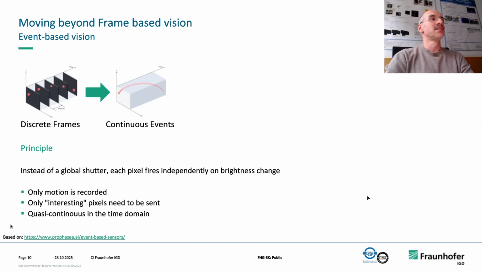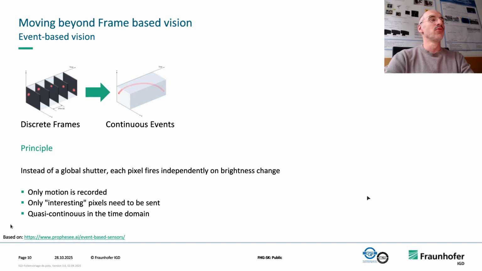And in contrast, in event-based vision, we have pixels that are able to send data independently. You might think of them as having, instead of one global shutter for a frame, a shutter for each pixel individually. And as soon as the brightness of the pixel changes from bright to dark or dark to bright, the pixel sends an event that this thing happened.